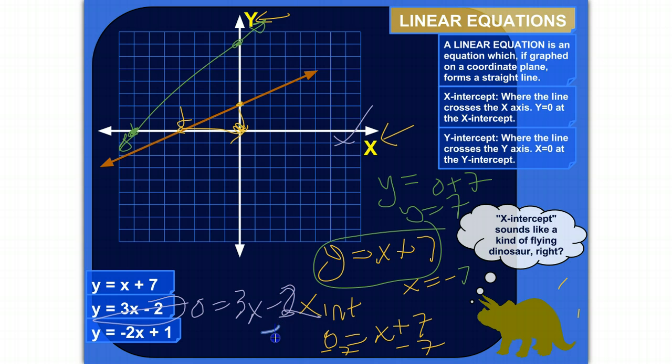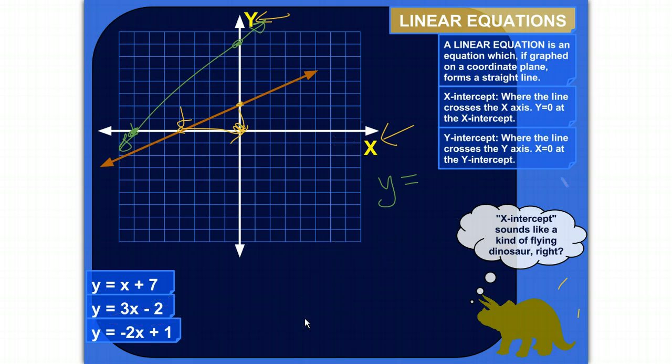Let me clean this up to clear out some space. So y equals 3x minus 2, and at the x-intercept, the y value will be 0. We just set the y value to 0 and see what x is at that point.